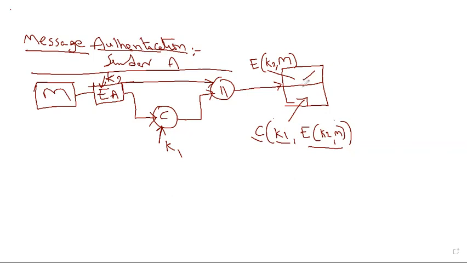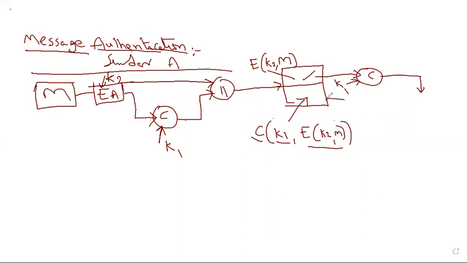Then what does the receiver perform now? The message authentication code is generated from the encrypted message, and the encrypted message is available here. So this encrypted message is inputted to the MAC function, which uses K1 as the key. From this he generates the MAC code, right?